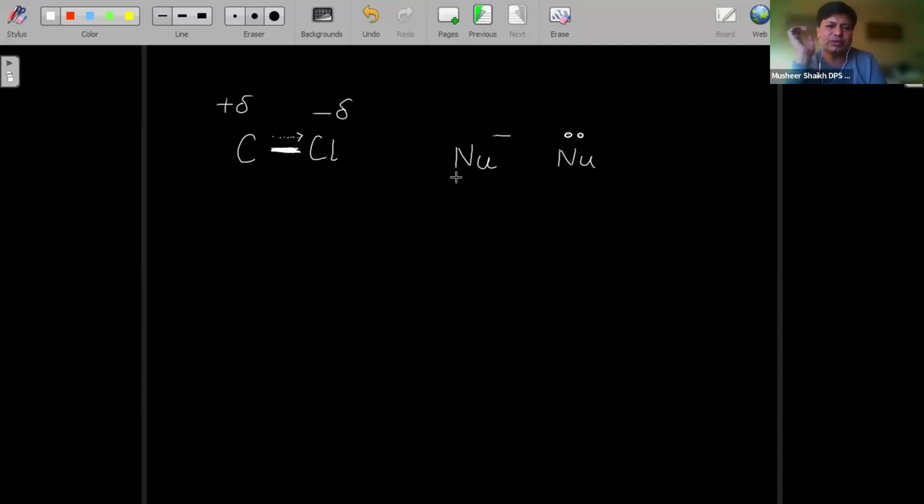So, the nucleophile has to attack, and it will not go on the halogen, it will go on the carbon. Why?